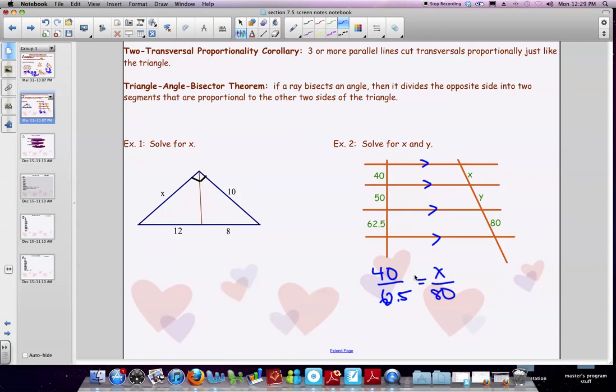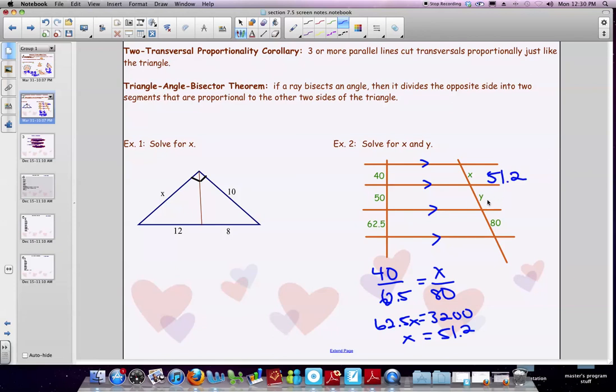When I multiply 40 by 80, I get 3200, then I would divide by 62.5 and I would get 51.2. So my value of x would have to be 51.2.